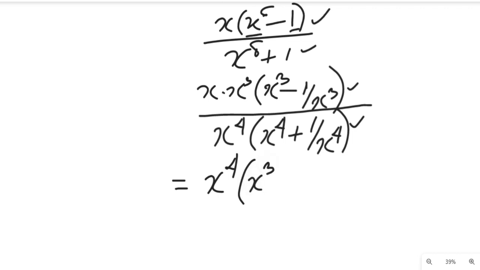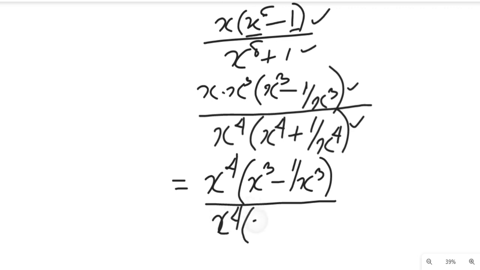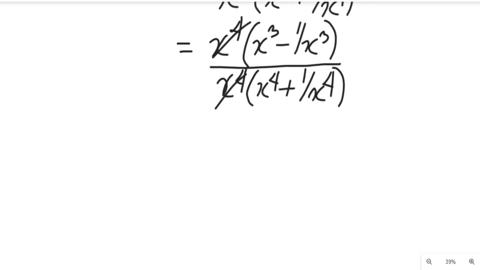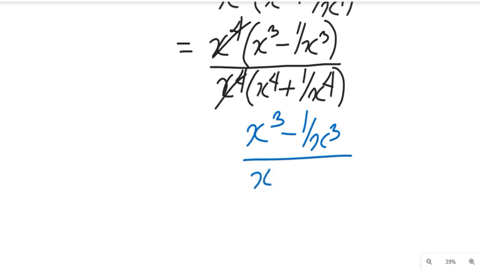And this is x to the power of 3 minus 1 divided by x to the power of 3, all divided by x to the power of 4 multiplied by x to the power of 4 plus 1 divided by x to the power of 4. So from here, this will clear this, and then what we'll have left is this full expression: x to the power of 3 minus 1 divided by x to the power of 3, divided by x to the power of 4 plus 1 divided by x to the power of 4.